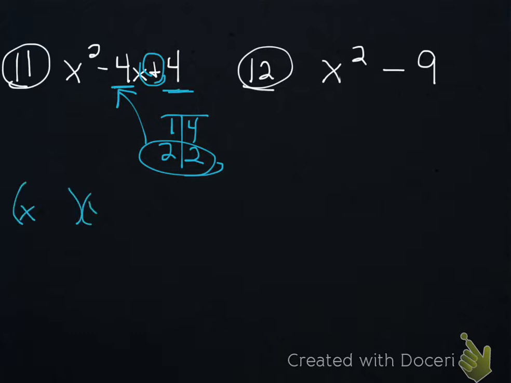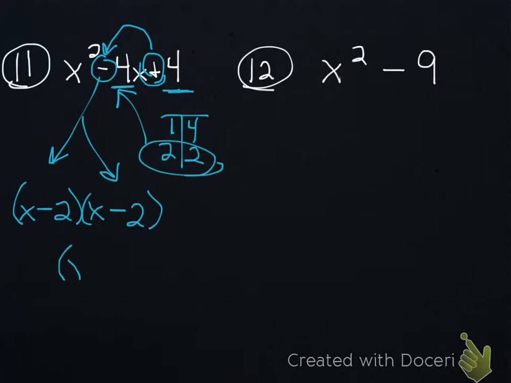X is in front, numbers at the end. The sign of the constant is positive, so they're both going to get the sign of the middle term, which is negative. So I have an x minus 2 and an x minus 2. That can be written as x minus 2 squared.